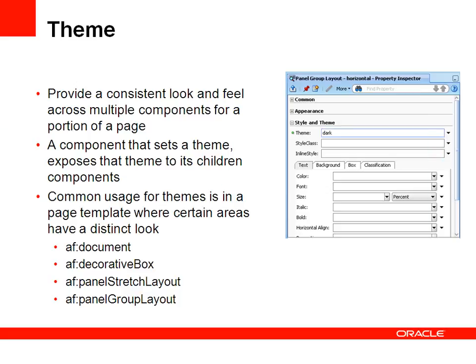Themes. I already mentioned themes as an attribute styling. Now the background of themes is that some of the components you probably will nest on a page. So you might have nested decorative boxes, or you want to have nested panel stretch layouts. Now if these are all taking on the same skin, then you wouldn't be able to distinguish between the one panel stretch layout and the other one that is embedded.